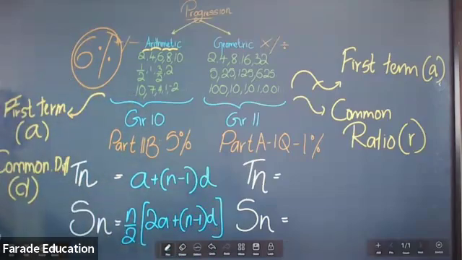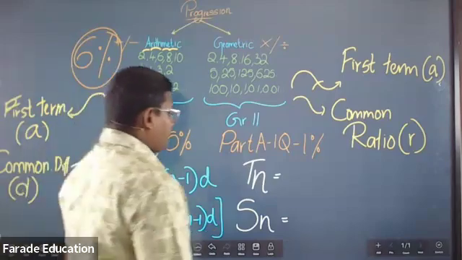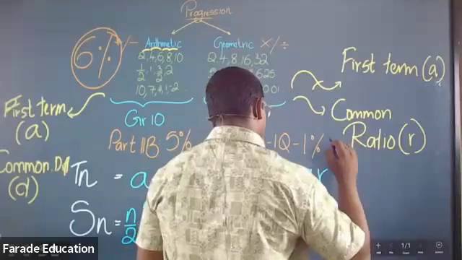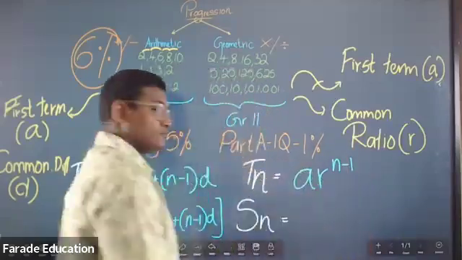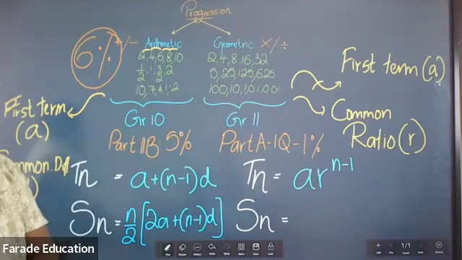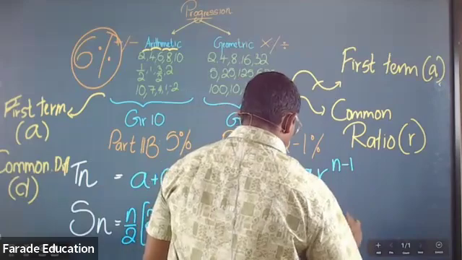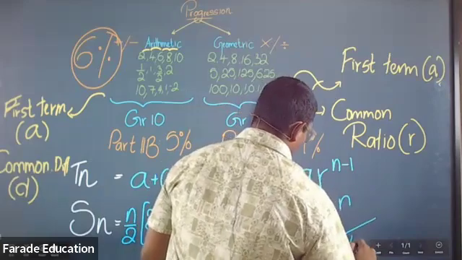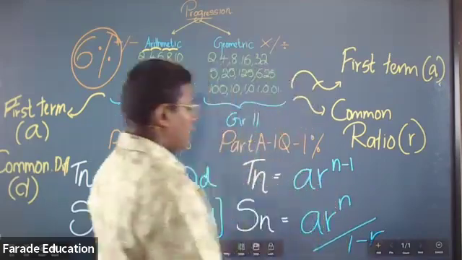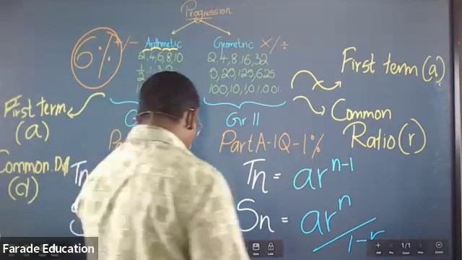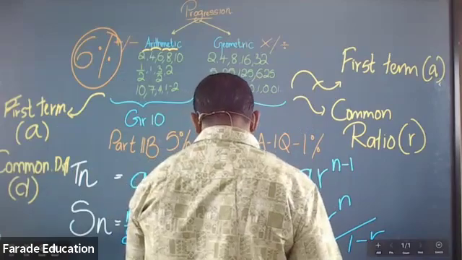Second equation, for geometric progression, a r to the power n minus 1. To find the summation, a times 1 minus r to the power n over 1 minus r. Clear?